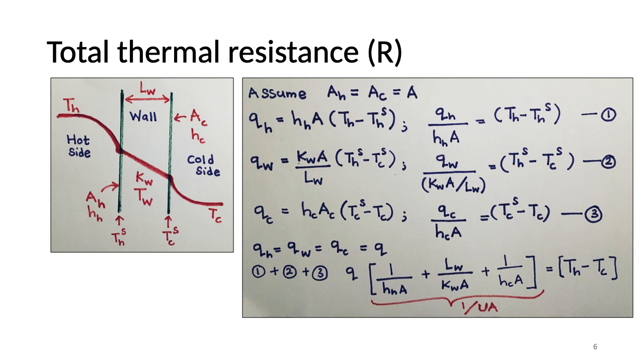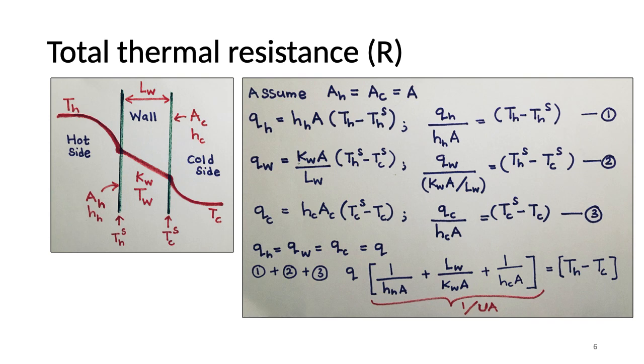HH is the heat transfer coefficient at the hot side, and A is the heat transfer area at the hot side. TH minus THS is the temperature difference between the hot fluid and the hot side surface temperature. And this is a convection mode of heat transfer.